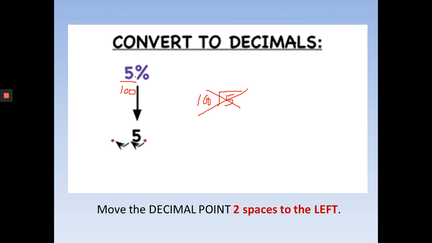So what you're going to do is just move the decimal point to the left 2 times. 1, 2, and then put the decimal point. You see there is an empty slot here. Then you have to write there 0 if it's empty. So the answer is 0.05, the same as what we got when we divided it manually here, right? We got the answer here 0.05.